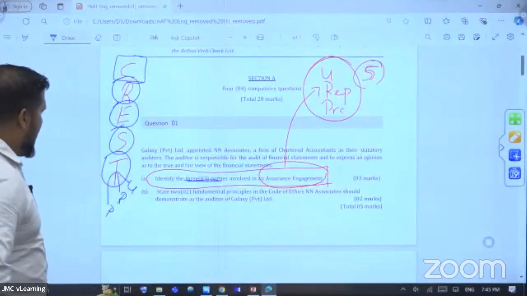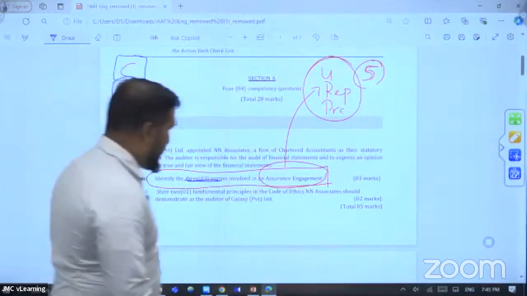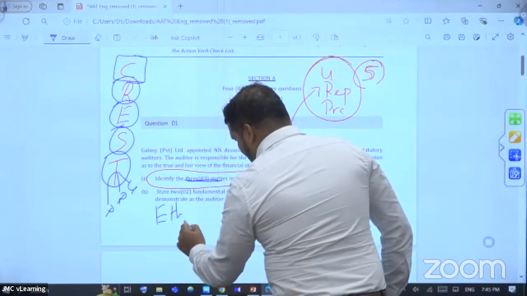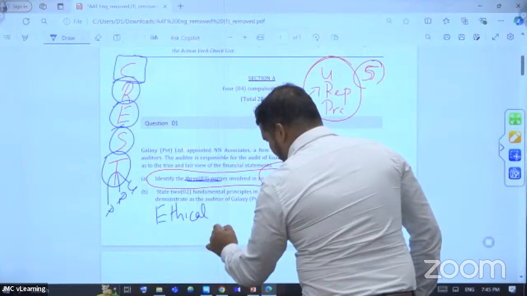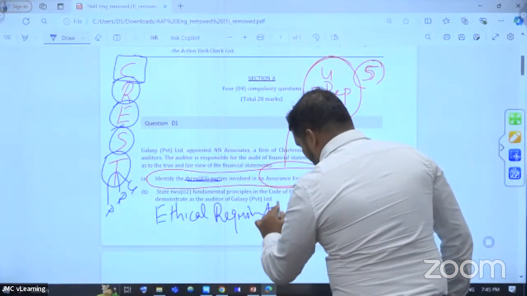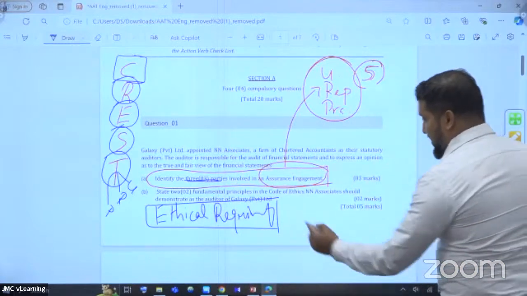Then, state 2 fundamental principles in the code of ethics that NM Associates should demonstrate as auditors of Galaxy Private Limited. When we are discussing the ethical requirements, there are several. Altogether we discussed 6.